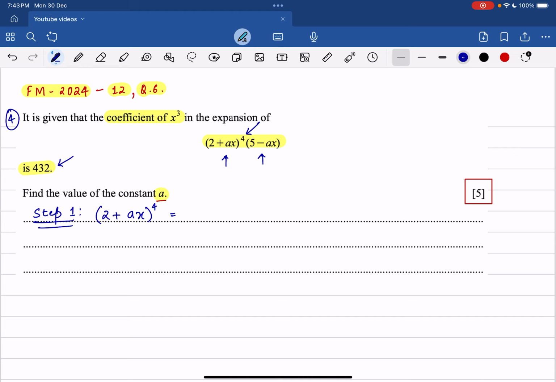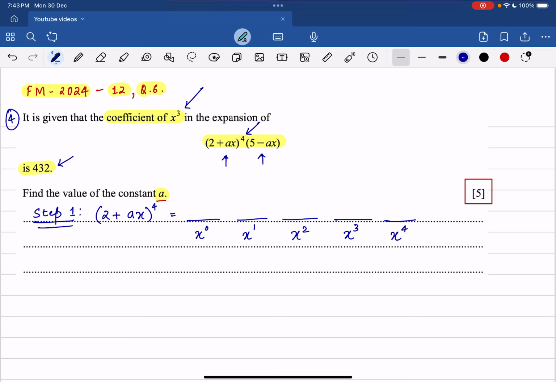From our experience in the past, what do we understand? That (2 + ax) the whole raised to 4, if we were to expand this and get the coefficient of x cube, it would be which term? The first one would be x raised to 0, second x raised to 1, third x raised to 2, fourth x raised to 3, and the last one x raised to 4.